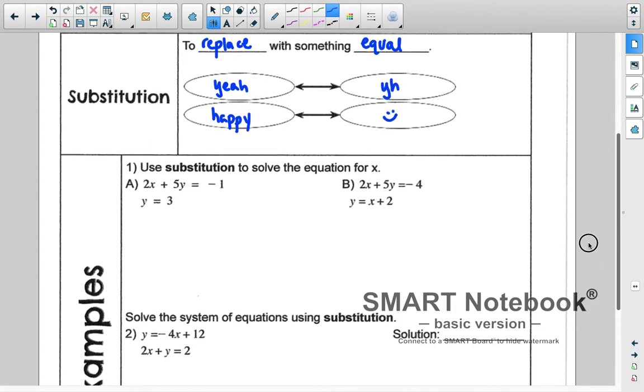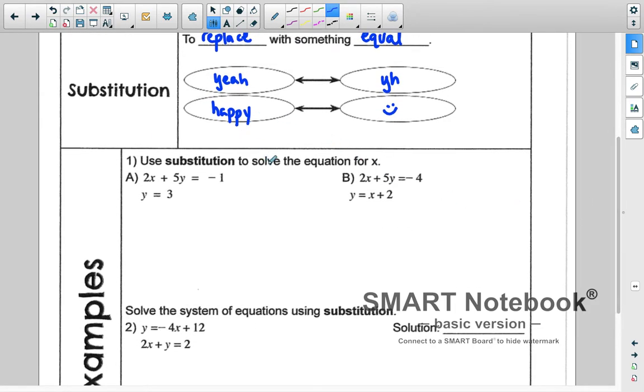All right, so for problem 1 here, it says use the substitution to solve the equation for x. So here we're trying to get x by itself, and we know that y is equal to 3. So I'm going to use my highlighter, use blue. I know that y is equal to 3.